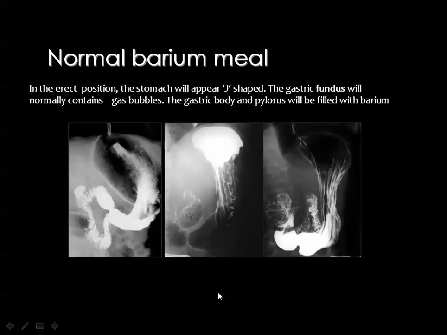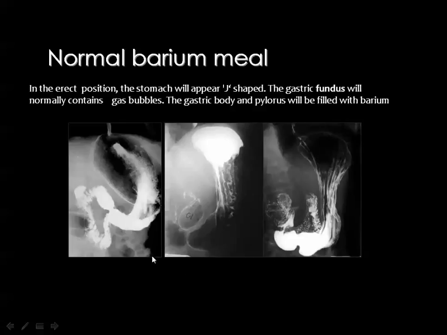And we used to give some of the gas producing powders to the patient in order to produce some gastric distension with air together with the previously introduced barium fluid.